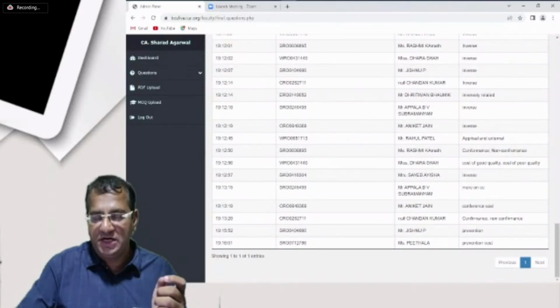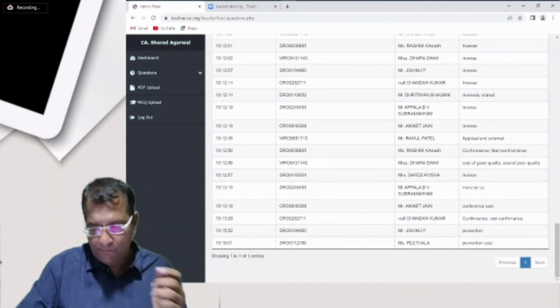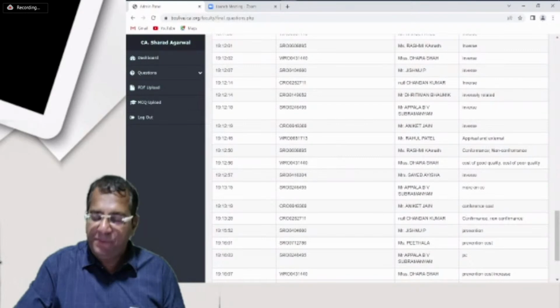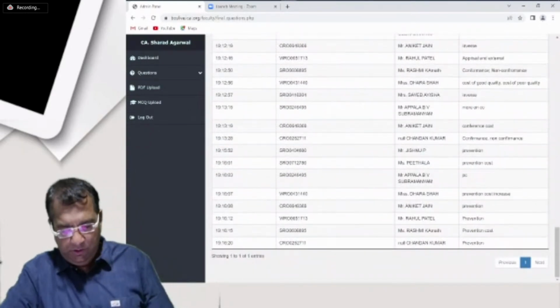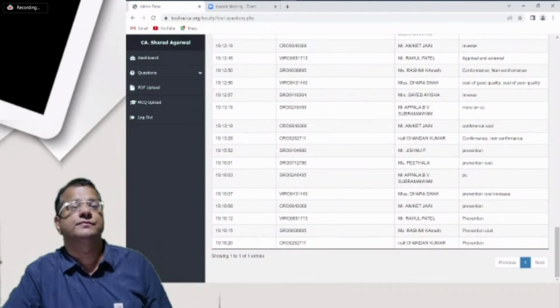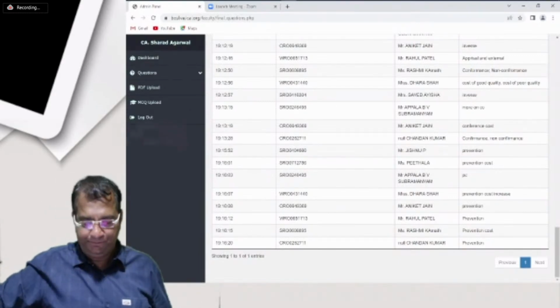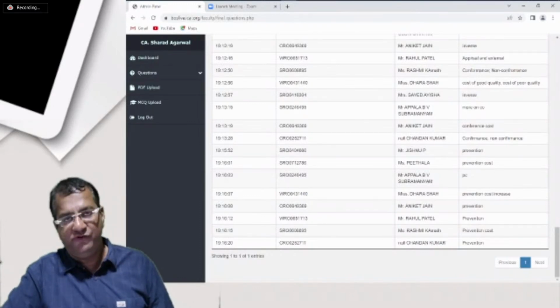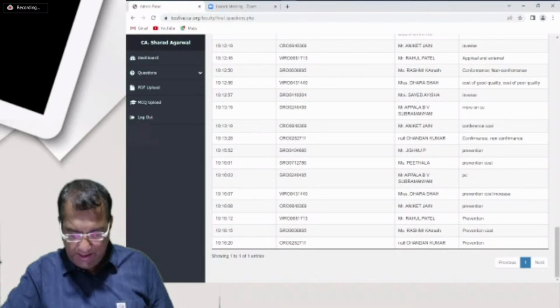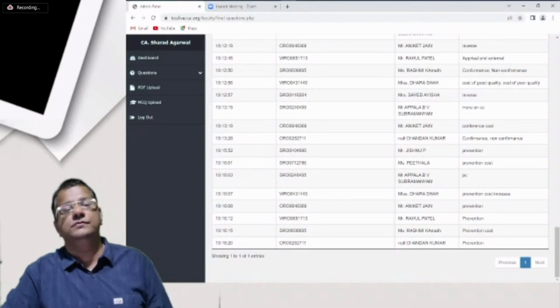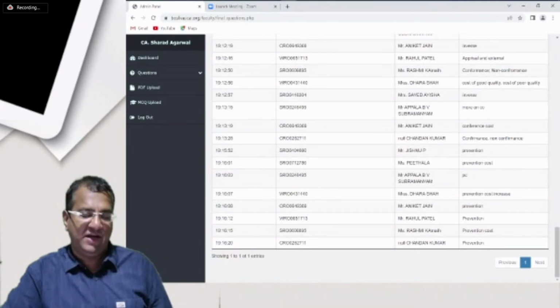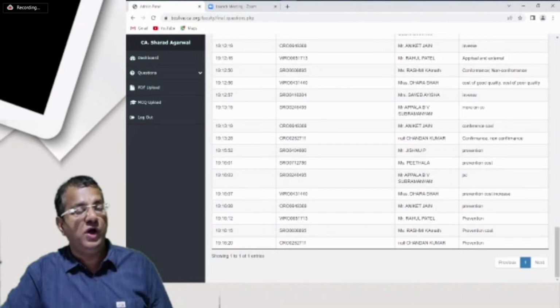So write down the second point in the relationship heading. The prevention cost and the other three, in bracket, appraisal, comma, internal and external, in bracket close, is also having inverse relationship.